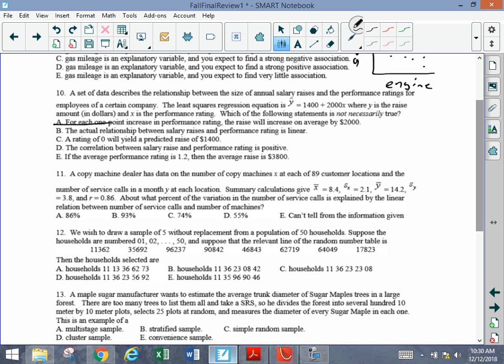This is true. I don't think that's true. This is true, right? When x is 0, y is 1400, that's true. Correlation is positive, yes, because the slope is positive. If the average performance rating is 1.2, the average raise is 3,800: 2,000 times 1.2 plus 1,400.